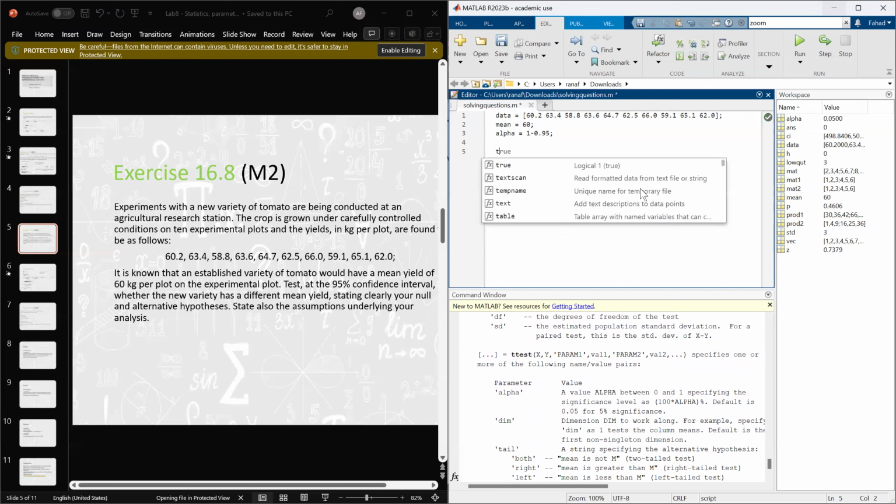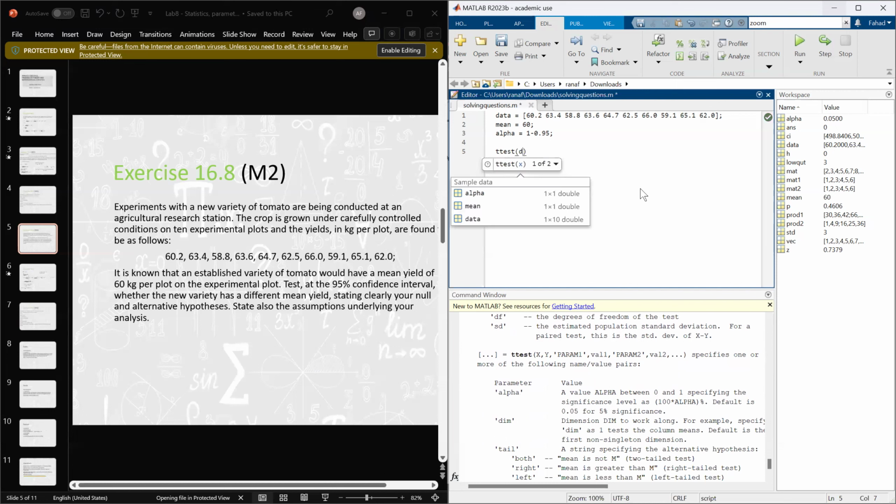So we do t-test, data, mean, and then we give the alpha, and then we give tail, both. Both tails because it's not equal. And then as for the parameters, put them in the bracket.